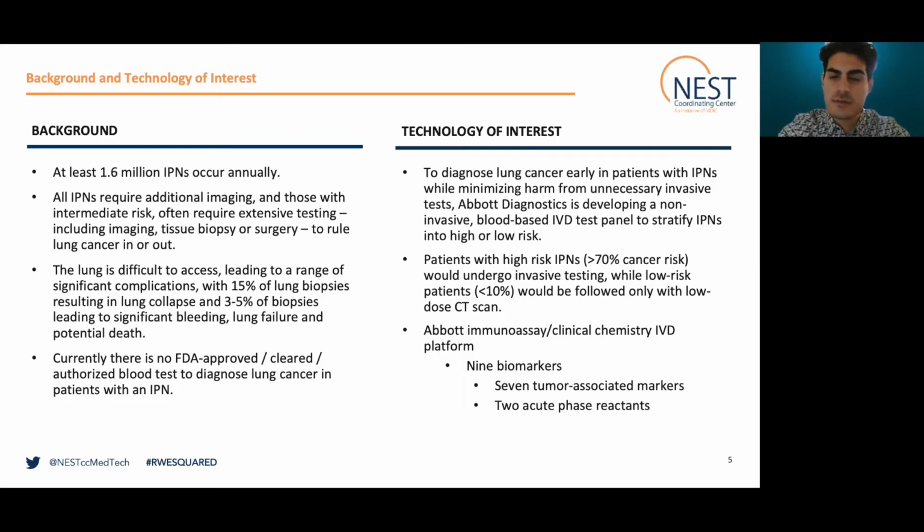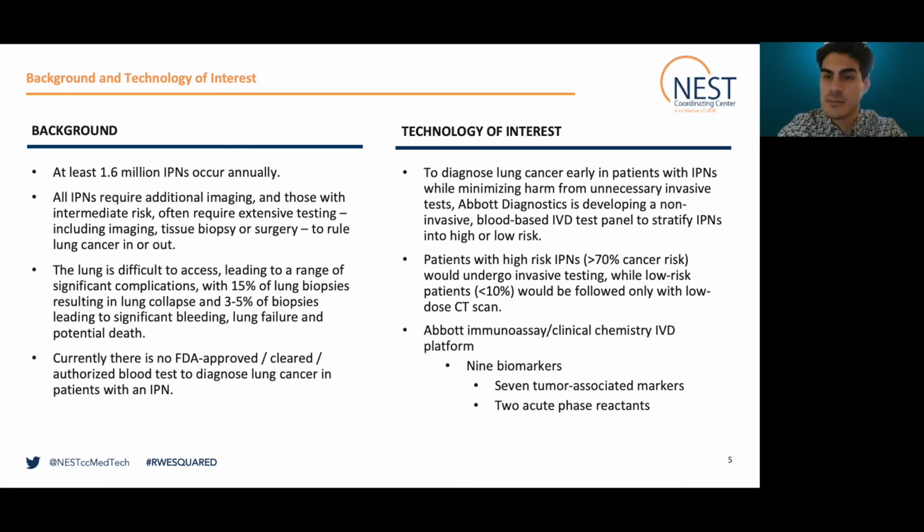Because of the lung's difficulty to be assessed, there are complications that come along with extensive testing, including lung collapse, lung failure, bleeding, and potential death. So having a device that can minimize these imaging and procedures is very beneficial to the patient population. In addition, there's currently no FDA approved or cleared blood tests to diagnose lung cancer in patients with IPNs.